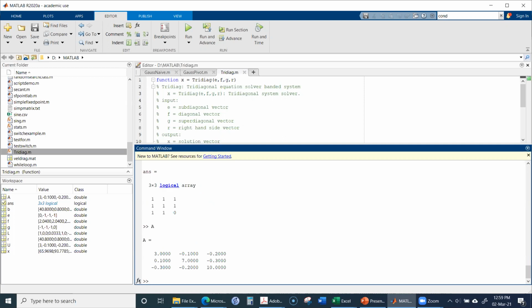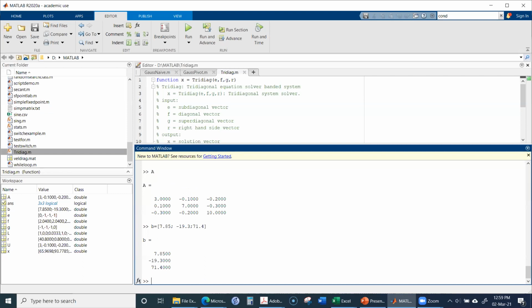And let's see what our matrix B is, that is the right-hand side matrix: 7.85, same example as before, 7.85; minus 19.3; 71.4. So this is the matrix B.